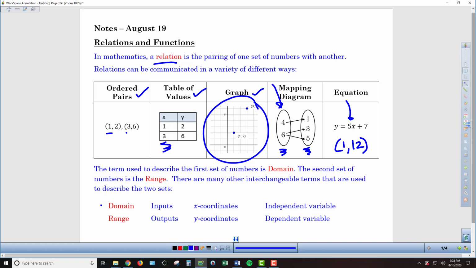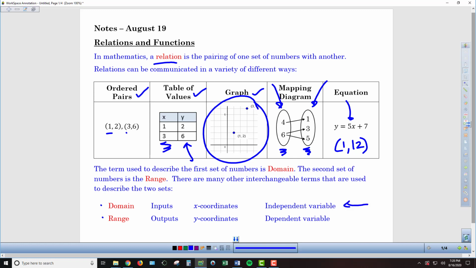So we use the domain to describe that first set of numbers, and then the term range is used to describe the second set of numbers. So the y-coordinates, the y values in the table, the second oval in our mapping diagram, etc.